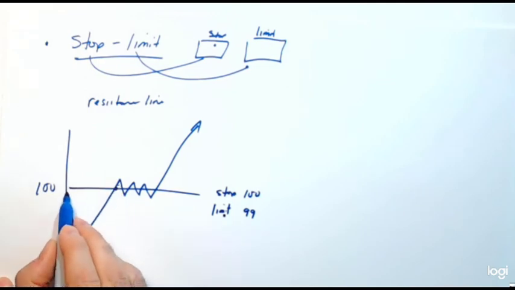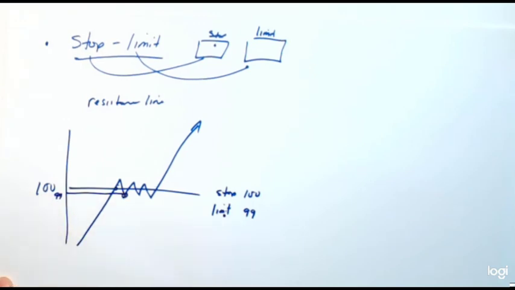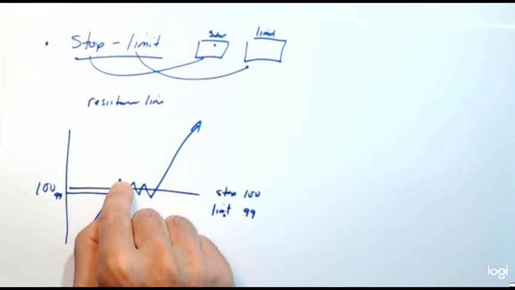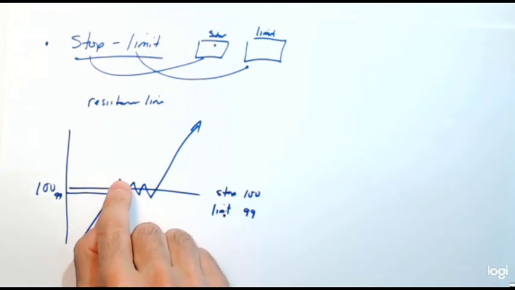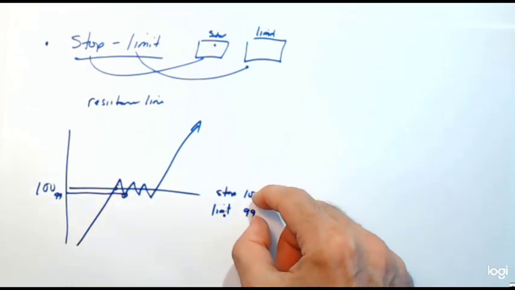When you get down here, this is 99 or better. So right about there, your order is going to get executed. Basically, the trend has been confirmed because it broke through the $100 mark, but you got the price at $1 lower than what you could have otherwise. And so that's the key to this.